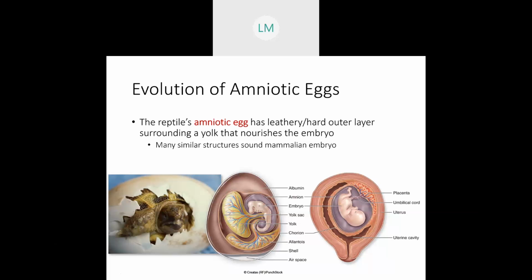And then it's also surrounding a yolk that is going to nourish the embryo. So a lot of these structures in this amniotic egg are very similar to the mammalian embryos. You can kind of see some of the structures that are similar. You don't need to know these different layers. Just know that the amniotic egg prevents the embryo from drying out, and it has nourishment for the embryo all contained in that egg.